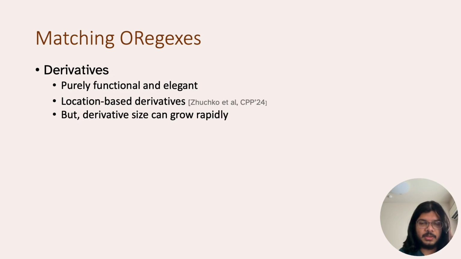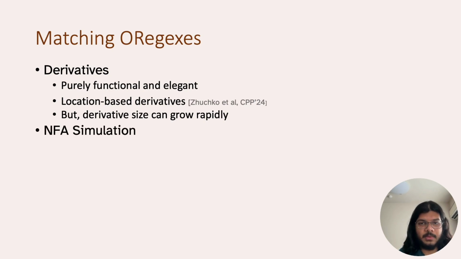In last year's CPP, Zhushko et al. verified their algorithm for matching lookarounds in Lean using the notion of location-dependent derivatives. The difficulty with this technique, however, is that the derivative size can grow rapidly with the number of characters in the input string. Thus, one has to carefully keep simplifying their expression in order to keep the size manageable.